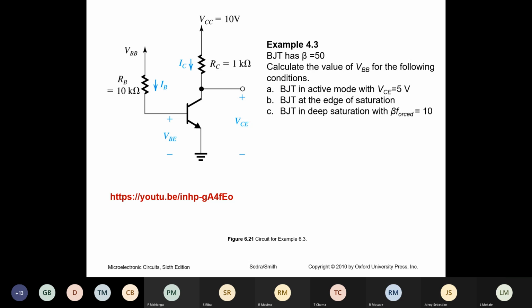VBB minus IB times RB minus VBE equal to 0. Do you agree?